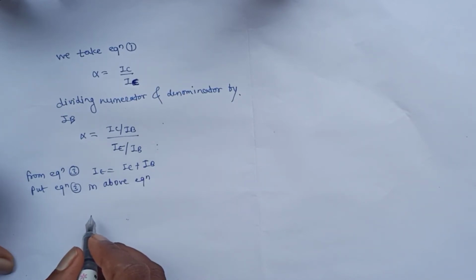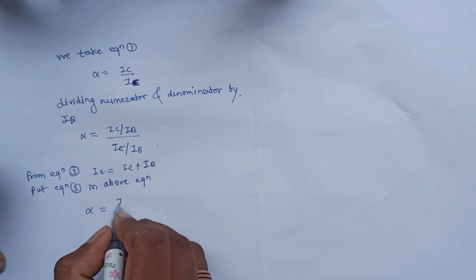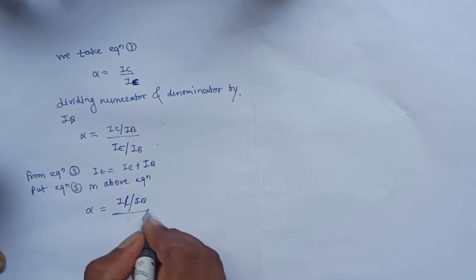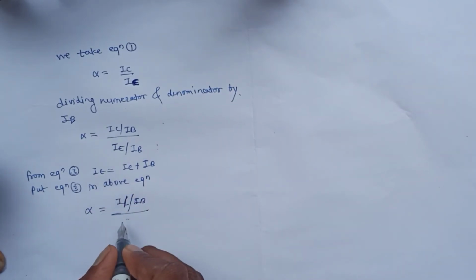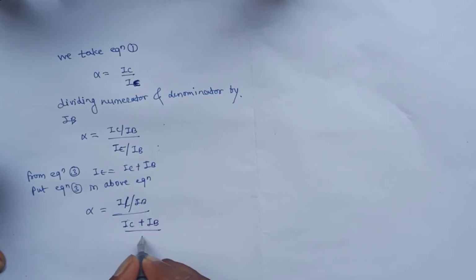So the value of alpha will be IC upon IB upon the value of IE, that is IC plus IB upon IB.